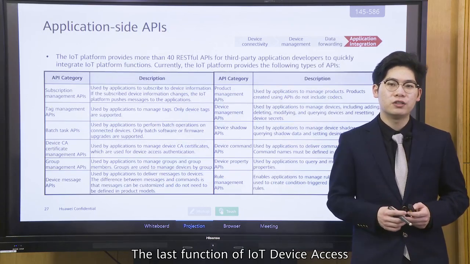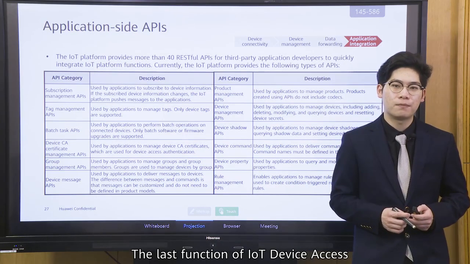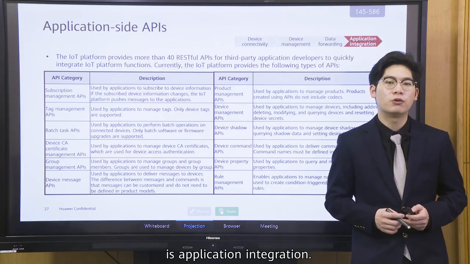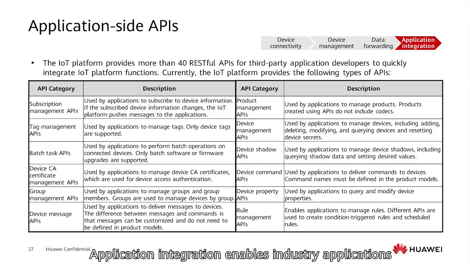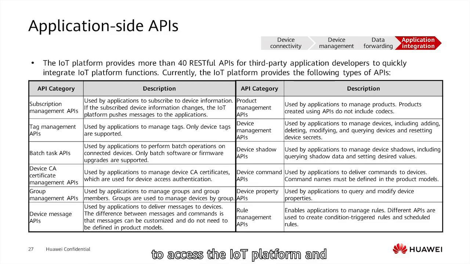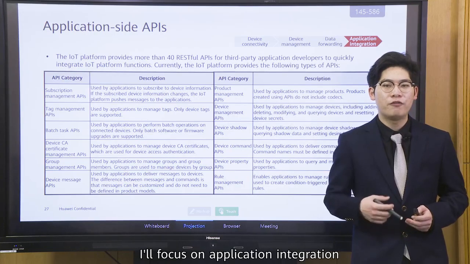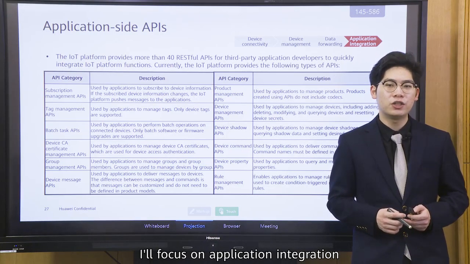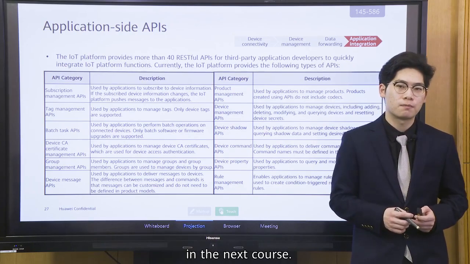The last function of IoT device access is application integration. Application integration enables industrial applications to access the IoT platform and provides open platform capabilities to applications through the APIs. I will focus on application integration in the next course.